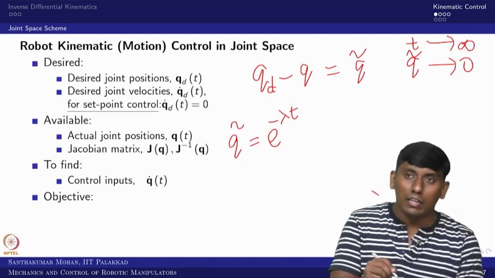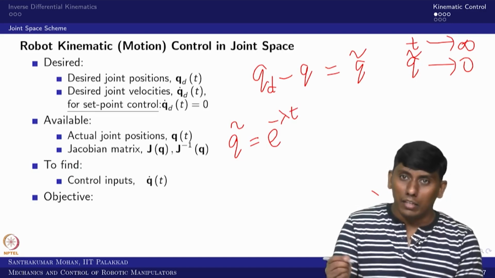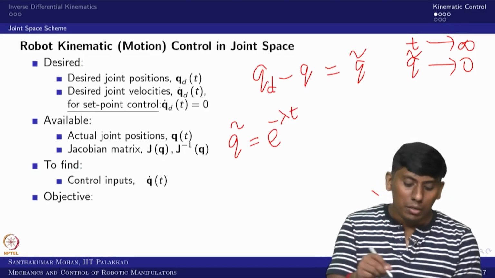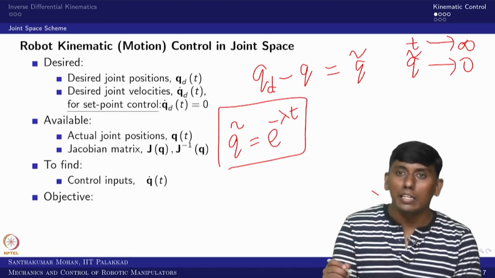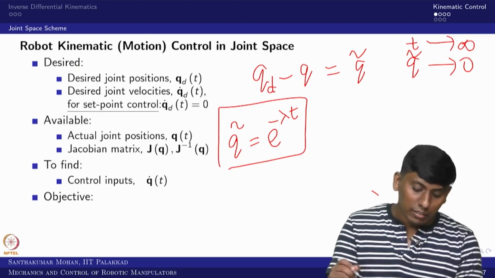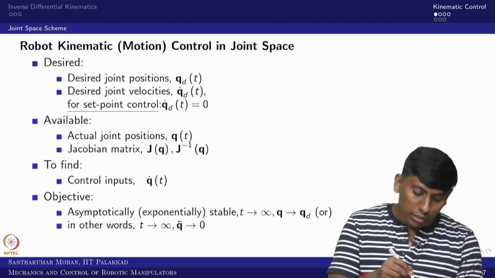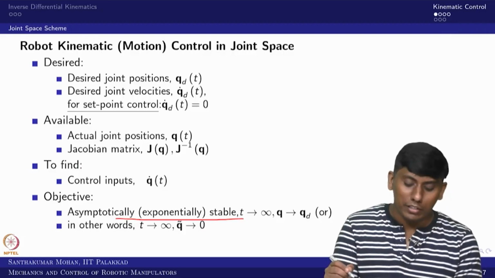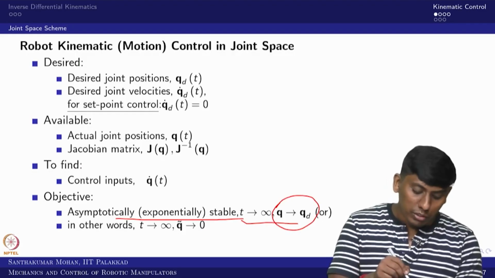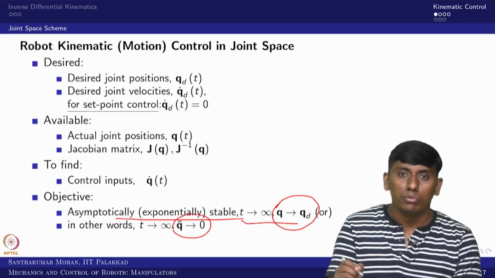If I assume a scalar, I can take lambda, otherwise I have to take lambda as a matrix with diagonal values, but right now I assume this is the case. Then you can do this in a simple way. So we are saying that it is exponentially stable. When t tends to infinity, q tends to q desired, in the sense q tilde is supposed to go to 0.